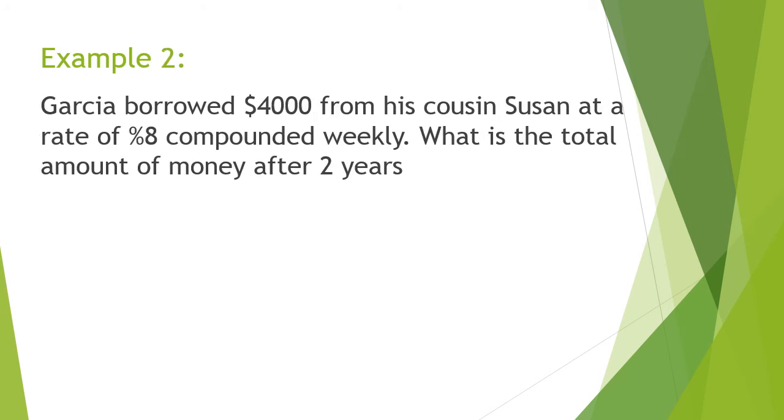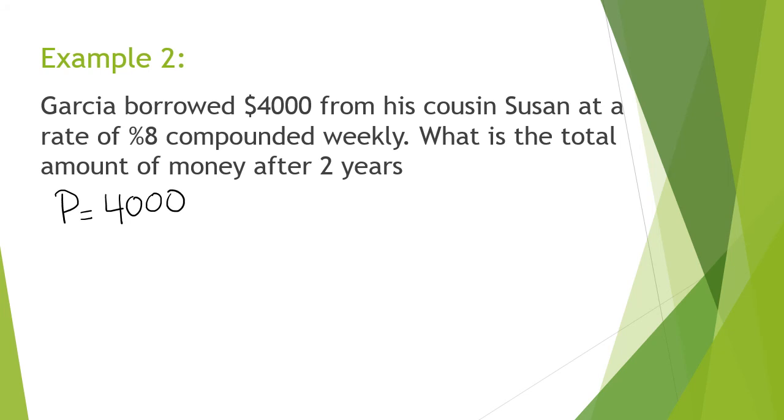Let's take a look at this example now. Garcia borrowed $4,000 from his cousin Susan at a rate of 8% compounded weekly. What is the total amount of money after 2 years? Again, we have a lot of information here that I need to list before I use the formula. So the principal that I have, or the beginning balance, is $4,000.